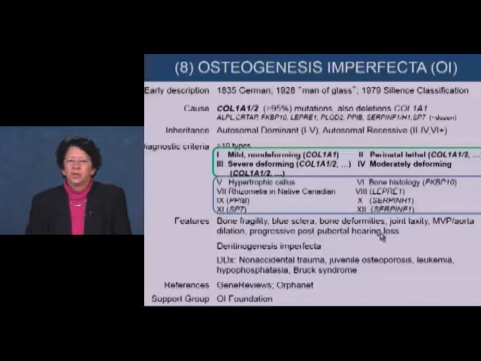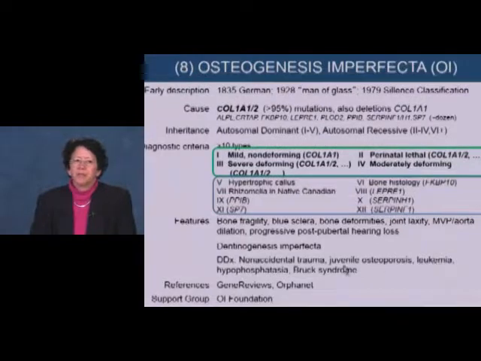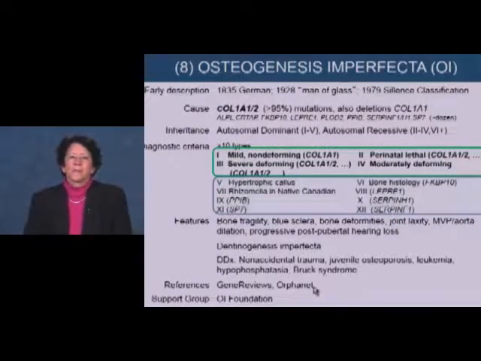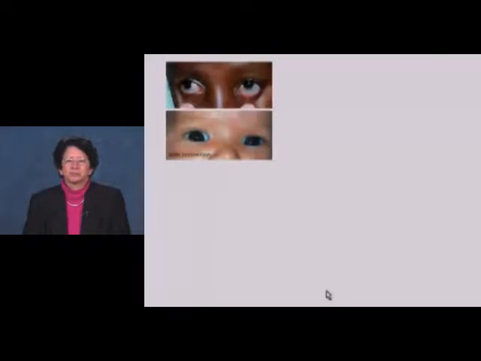Progressive postpubertal hearing loss. Dentinogenesis imperfecta in some. The differential diagnosis, familiar to pediatricians, is non-accidental trauma. And there are also some other disorders: juvenile osteoporosis, leukemia, hypophosphatasia, and Bruck syndrome. And reading material is easily available: GeneReviews, Orphanet, and a very active OI Foundation.